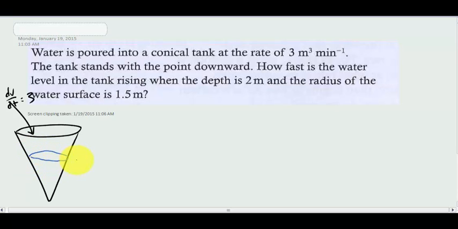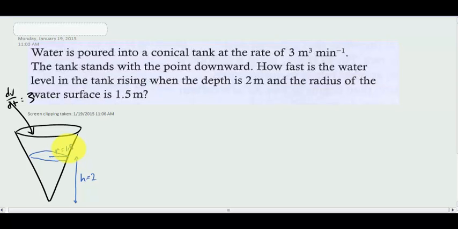This is water, and we care about this when the depth is 2 meters. Instead of calling it D, let's use a letter that's more familiar to us when it comes to finding volumes. Let's call it H for the height of this cone, because the water is just a mini cone in here. And then we have a radius in here, R equals 1.5 at that instant in time.